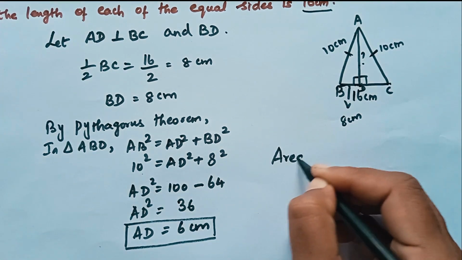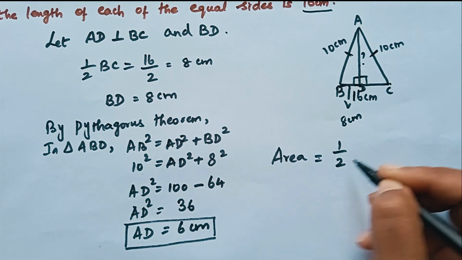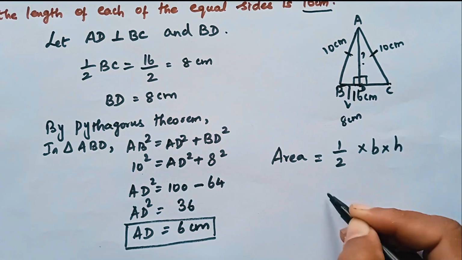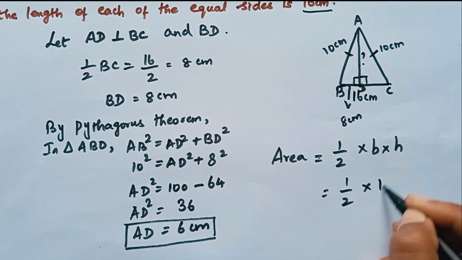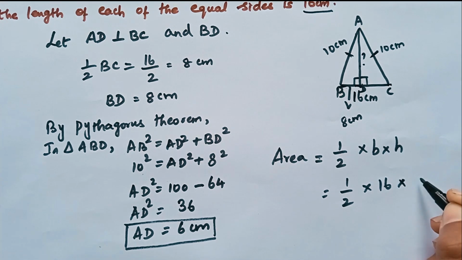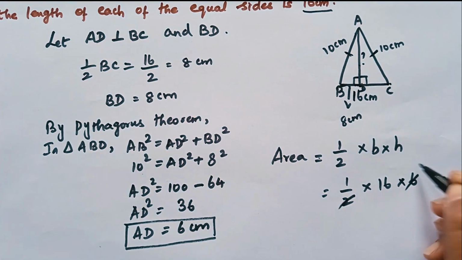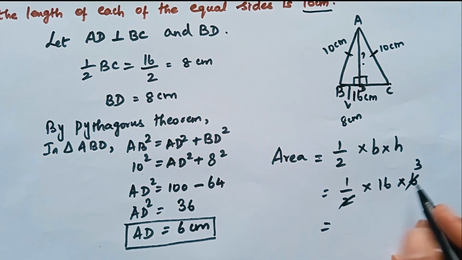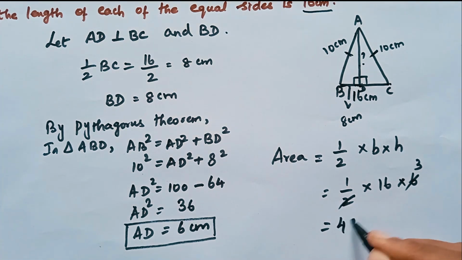So now we can use the formula: area of triangle is half into base into height. Half into base 16 into height 6. Cancel out using 2, 2 into 3 is 6. 16 into 3 is 48 centimeter square. So this is the answer for the above question. We found out the area of the triangle as 48 centimeter square.